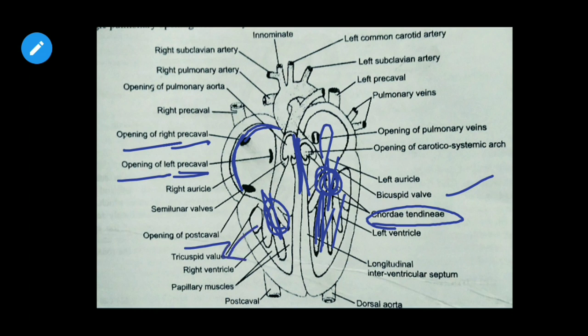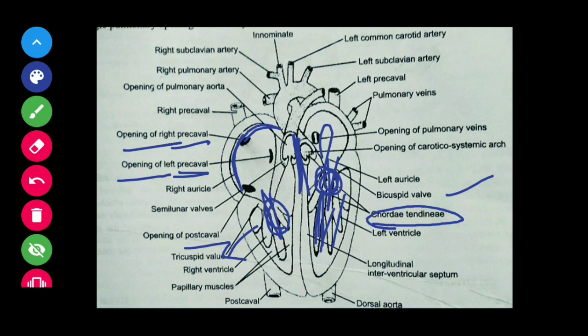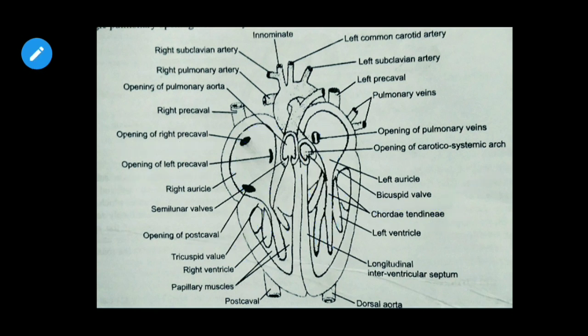Next, ventricles. The ventricles are thick-walled muscular chambers. The two ventricles are completely separated by a thick oblique ventral interventricular septum.